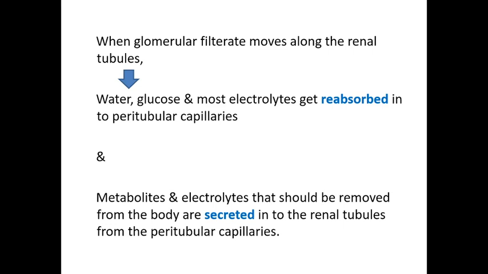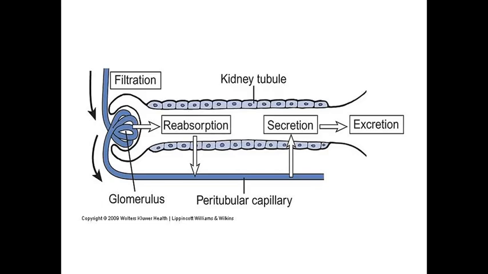That is, filtration occurs in the glomerular capillary plexus inside the Bowman's capsule, while reabsorption and secretion take place in the renal tubules. Now if you look at this picture, you will see this is filtration. Here is the Bowman's capsule, this is the glomerulus, so this is filtration. You can see filtration occurs in the glomerular capillary plexus.